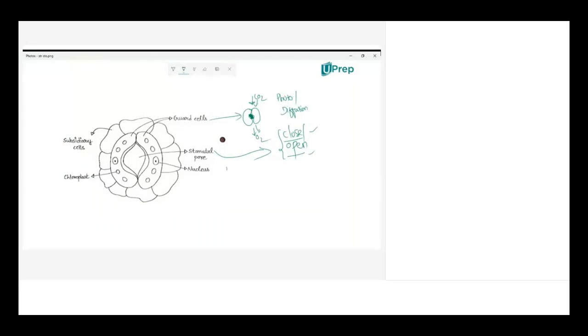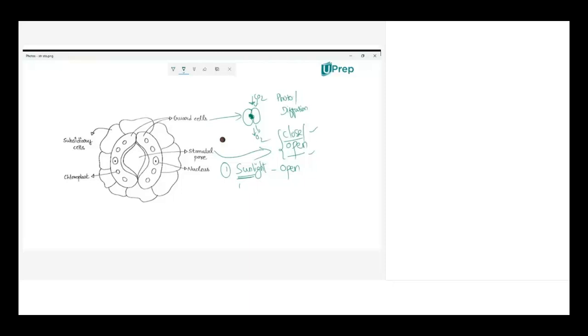So this is the point you have to understand. They may ask, the stomatal pore is open throughout the daytime to take sunlight and go for photosynthesis. That statement is not correct at all. It's a wrong statement. Why?